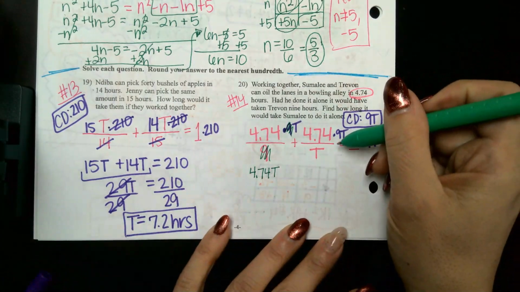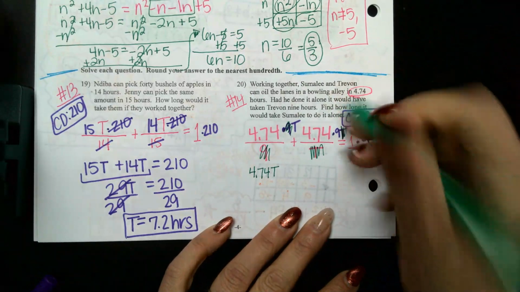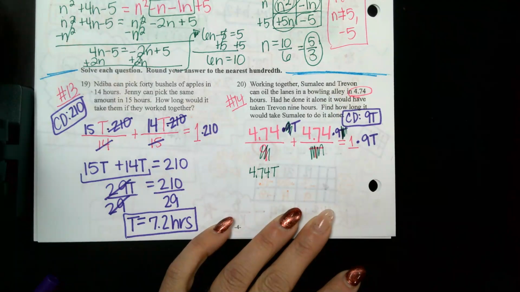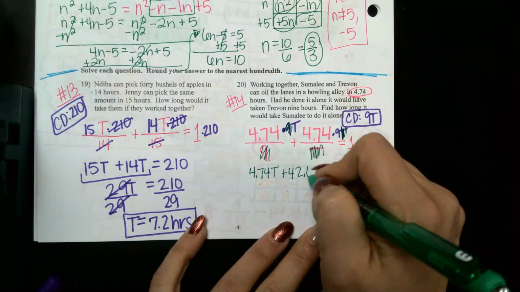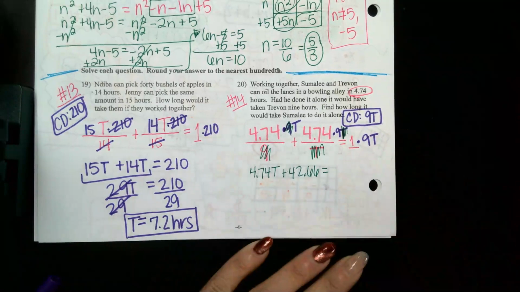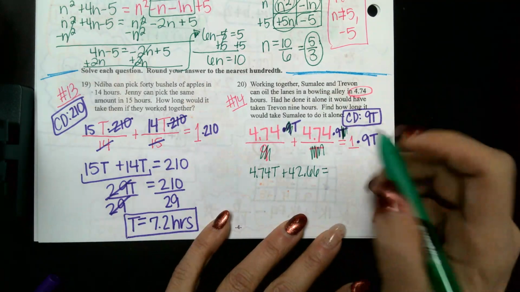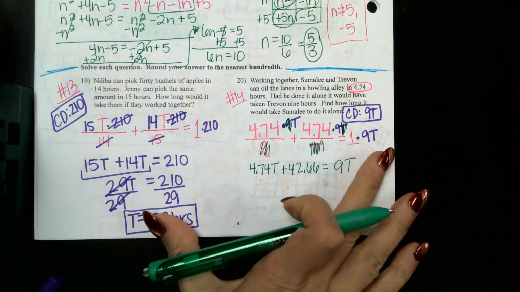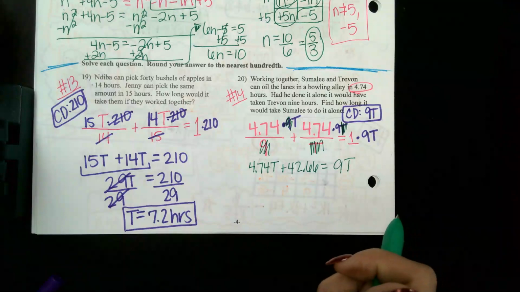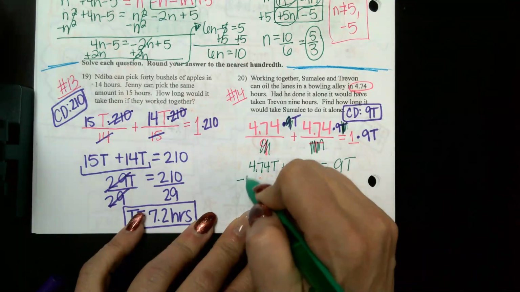Now in the middle, it's not the 9 that cancels, it's the t. 4.74 times 9 is 42.66. And then over here would be 9t. So since our t's are on opposite sides, we don't add them together. We're going to bring this one over using subtraction, right?